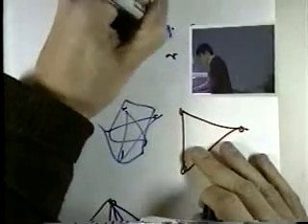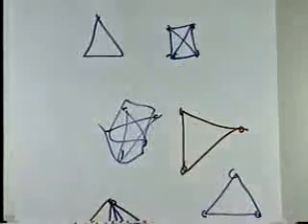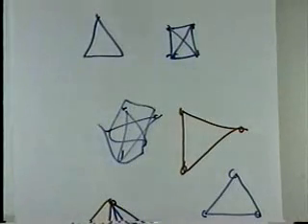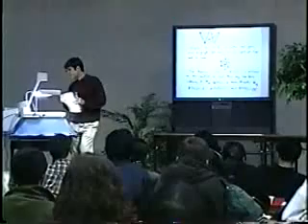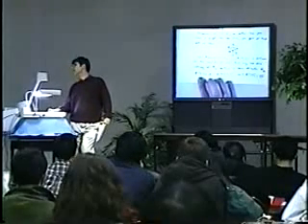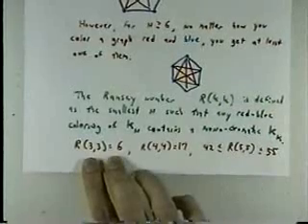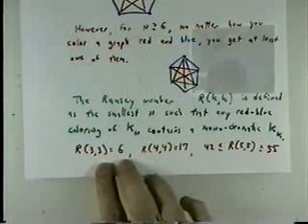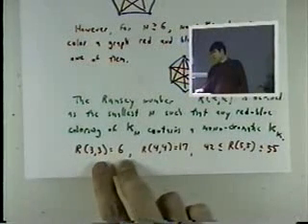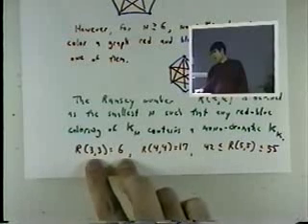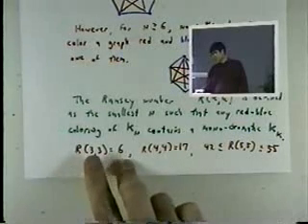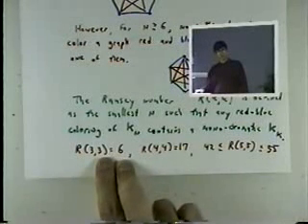What does a complete graph of 4 things look like? All 4 things have to be related to each other. So the fact that the Ramsey number R(3) is 6 means that any red-blue coloring of the edges of 6 people has to have at least either a red triangle or a blue triangle.